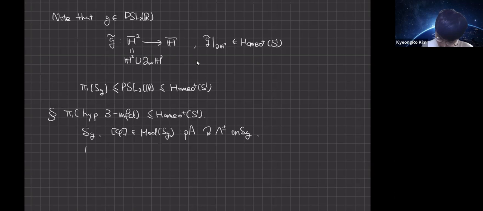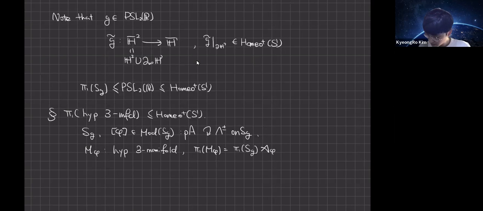And then the mapping torus is a hyperbolic three manifold. The fundamental group of this mapping torus is a kind of cyclic extension of the surface fundamental group.